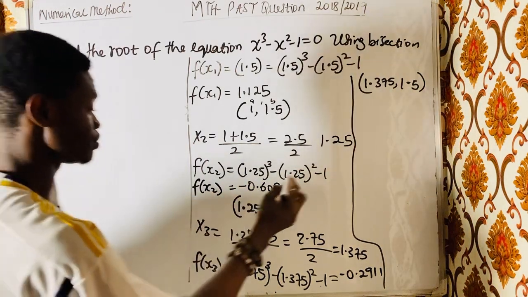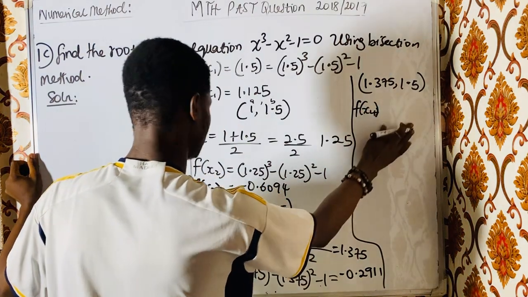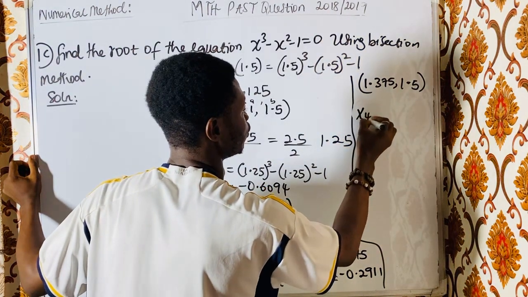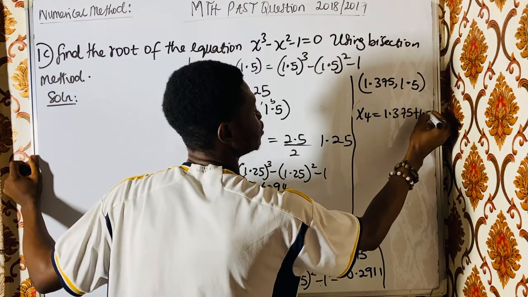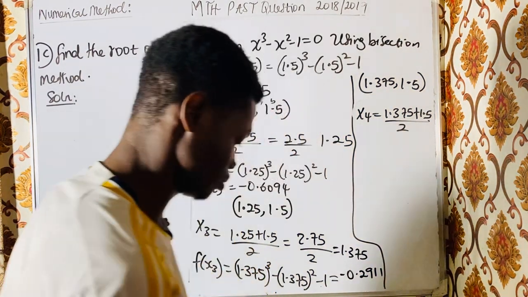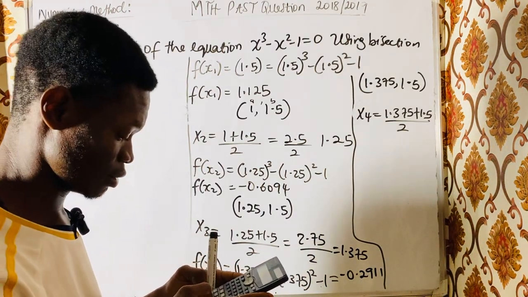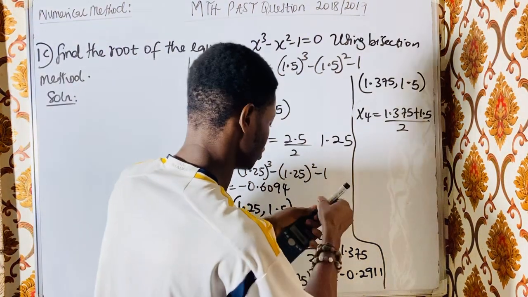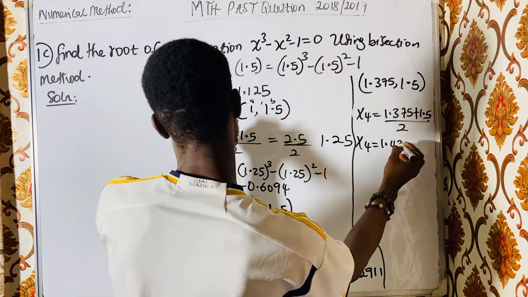If you get another value that gives positive, we will trace that one and start using it. Now x4, not f of x4; we have not done x4 yet. x4 equals 1.375 plus 1.5 all over 2, divided by 2, which gives x4 to be 1.4375.